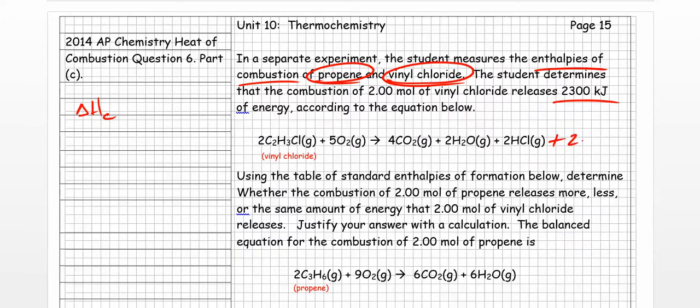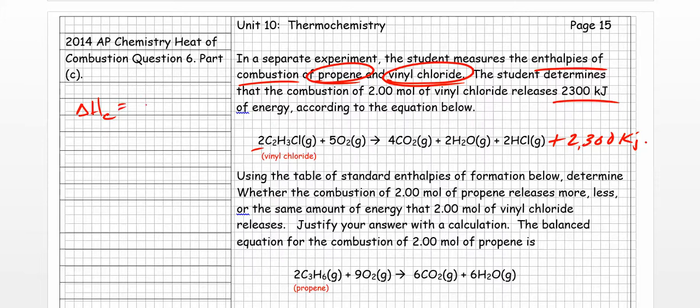In fact, we're going to get, according to the problem, 2,300 kilojoules of heat. Now, what if somebody wanted to know what the enthalpy of combustion for this was in kilojoules per mole? They haven't asked me for that yet, but let's just say that I needed to know that. Well, I would recognize that I'm going to get that much heat, but I'm starting with not 1, but 2 moles of the vinyl chloride.